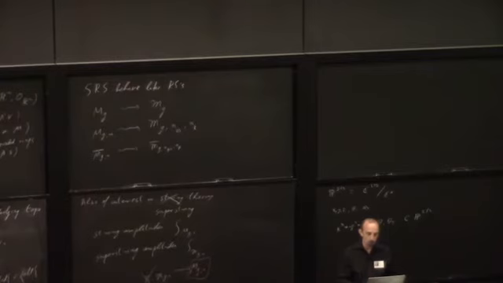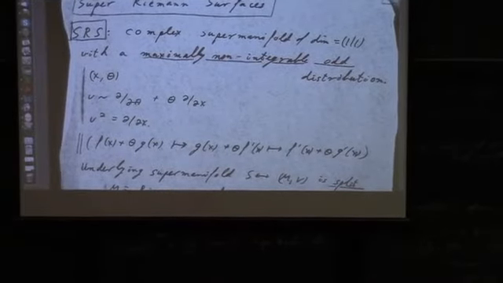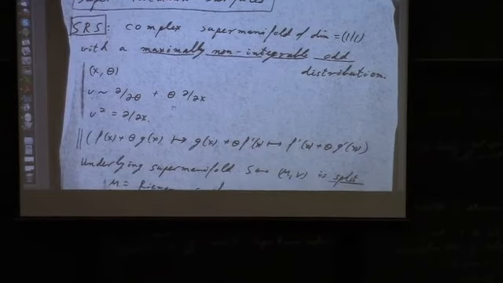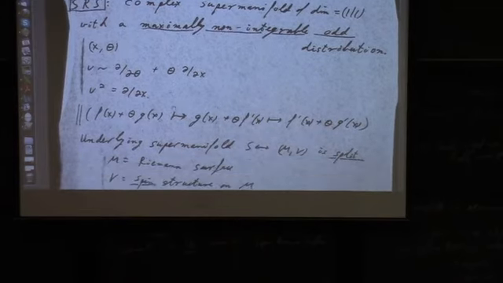So a super-Riemann surface is a complex supermanifold together with a subbundle of the tangent bundle, which is purely odd, so it's generated by one odd vector field, such that the square of that vector field is everywhere non-zero, or its bracket with itself is non-zero. Or equivalently, lemma: there exist local coordinates x and θ such that it looks exactly like the thing I wrote. So there's a Darboux lemma that says it has to look like this.